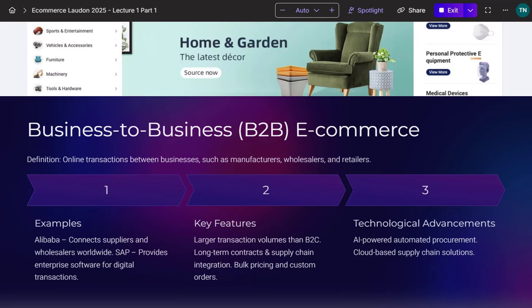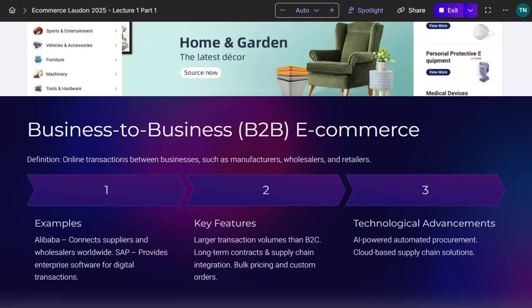Key examples of B2B e-commerce platforms include Alibaba, which connects suppliers and wholesalers worldwide, and SAP, which provides enterprise software for digital transactions.